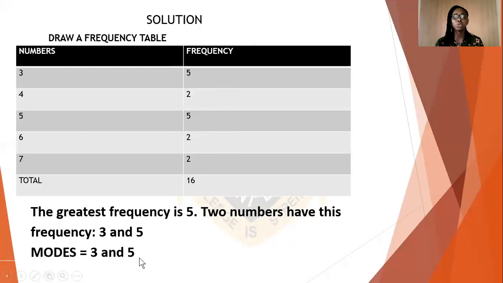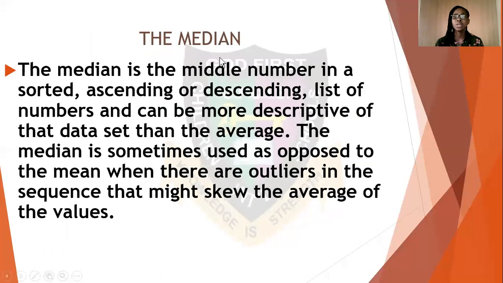So our modes are 3 and 5. In this question we have two modes. And sometimes in a given data, you might not have any mode at all. Please don't forget that. We'll move ahead to the next one, which is the median.